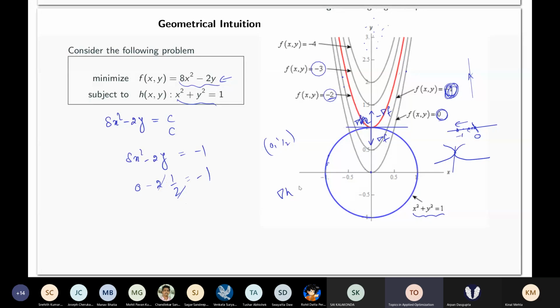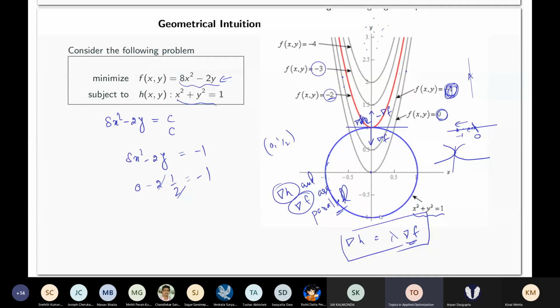So grad h and grad f are parallel. In other words, one is a linear combination of the other, so grad h is some lambda times grad f.